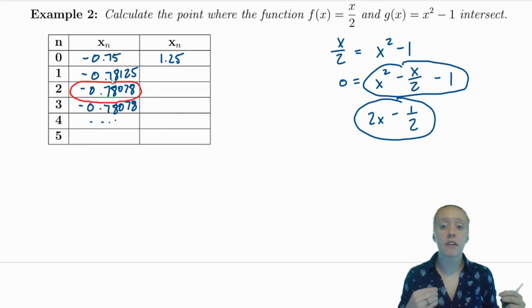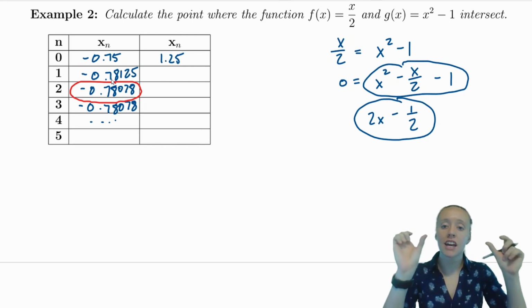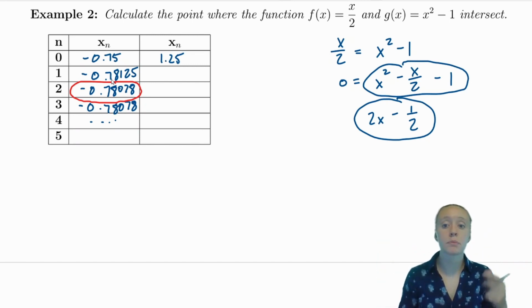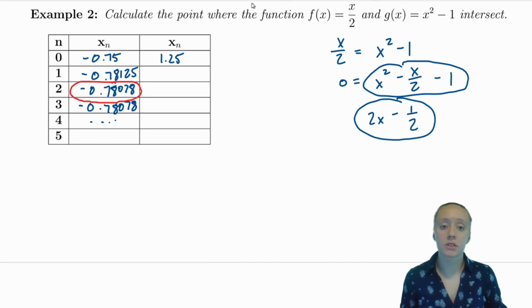If we were to plug that value into f of x and g of x, you would see that those give the same exact function value. f of x will be equivalent to g of x at negative 0.78078. Now, let's find that next intersection point using that x sub 0 of 1.25.